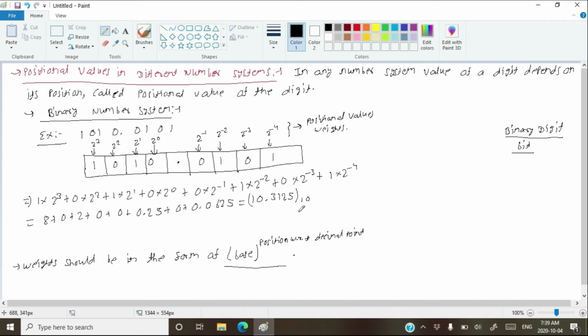When you have to specify a number in decimal, then you enclose it in the bracket and write 10 after it. And when you have to specify that a number is in binary, then you write that number in the bracket, 1010.0101, and put the binary symbol, that is 2 here, is equal to (10.3125)10. So the same quantity is represented like this in the binary number, and the same quantity is represented like this in the decimal number. Okay, so hopefully you are getting my points. And this is also the process to convert a binary number to the decimal number.